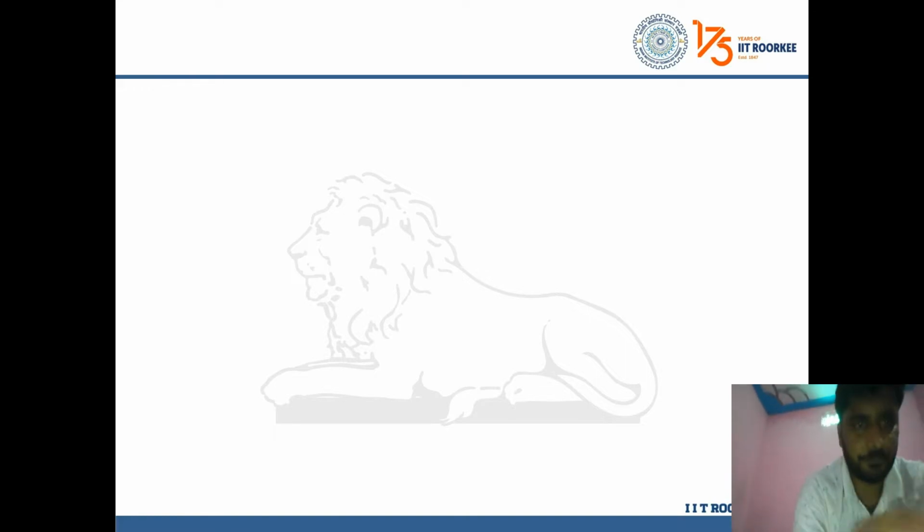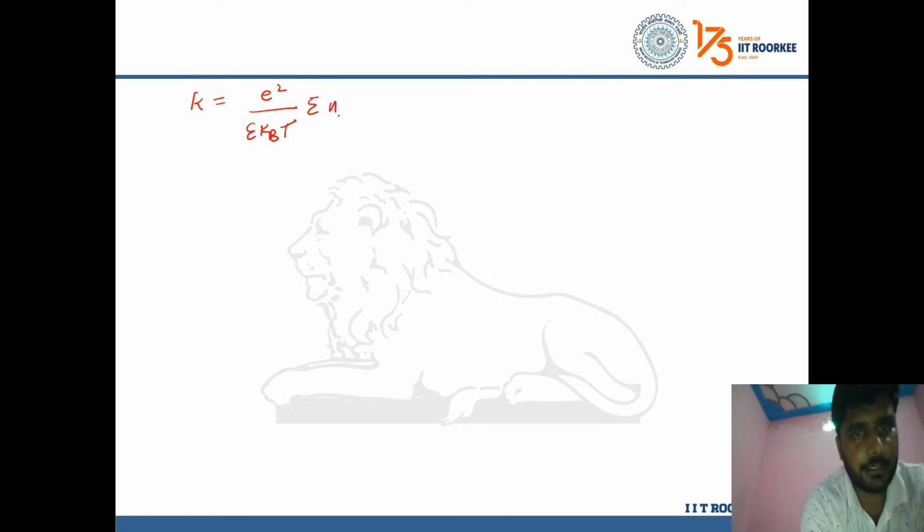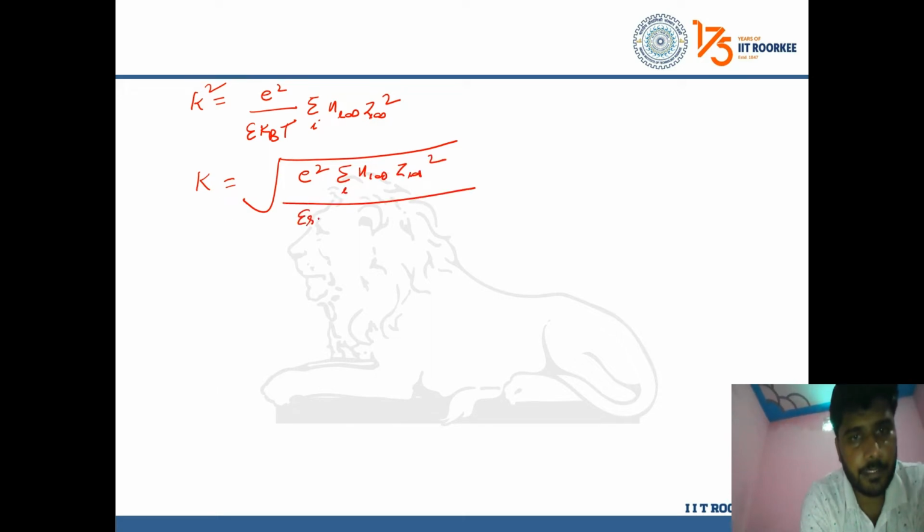You know, kappa squared is e squared by epsilon kBT, this is the standard formula, or you can say kappa is equal to under root of the expression with epsilon r epsilon naught kBT.